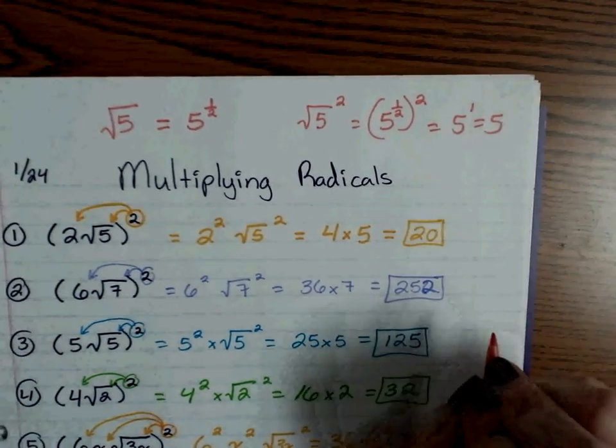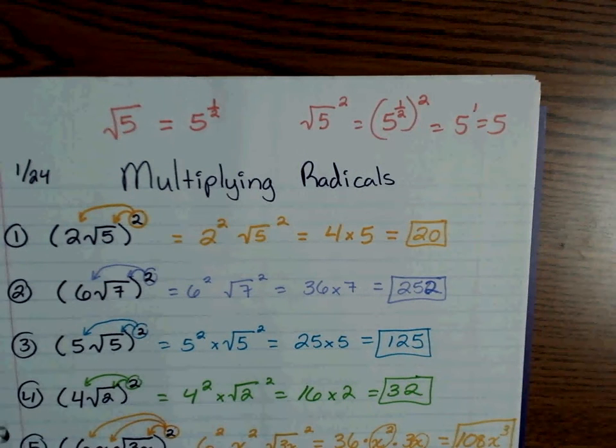That's the reason why that works, because a root is a fractional exponent. So a cubed root is just 1/3 as an exponent. Okay, a fourth root is a fourth as an exponent.